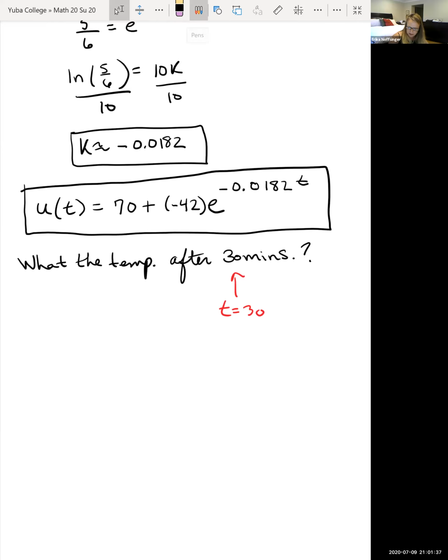U of 30 is 70, well, again, we don't need that plus the negative. So minus 42 e to the negative 0.0182 times 30.